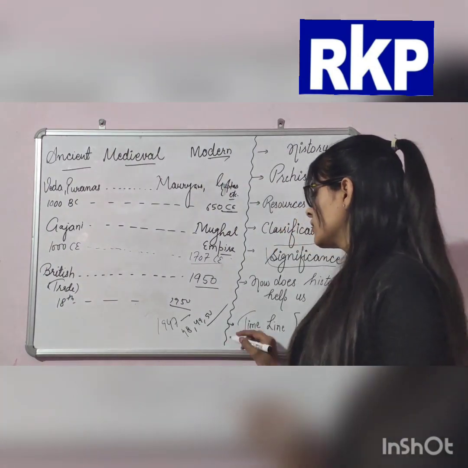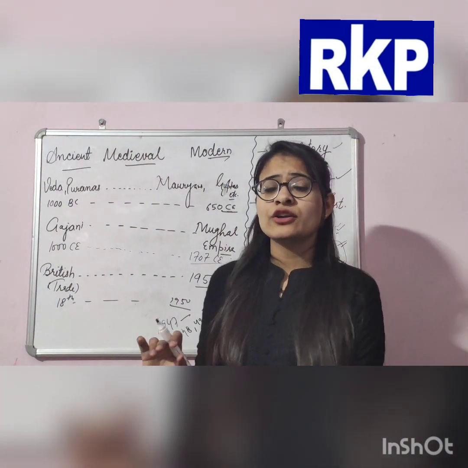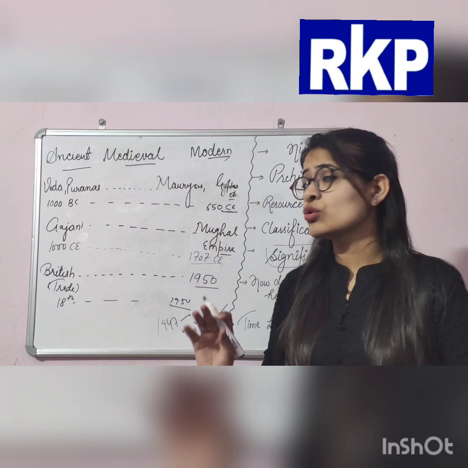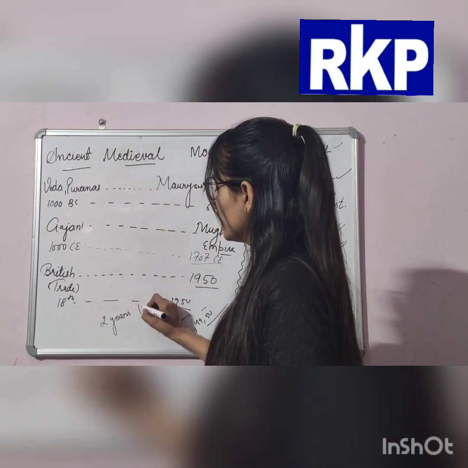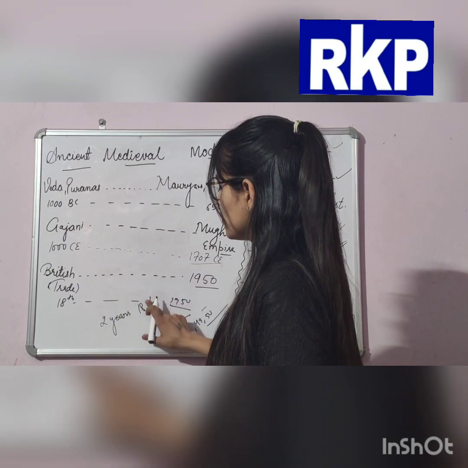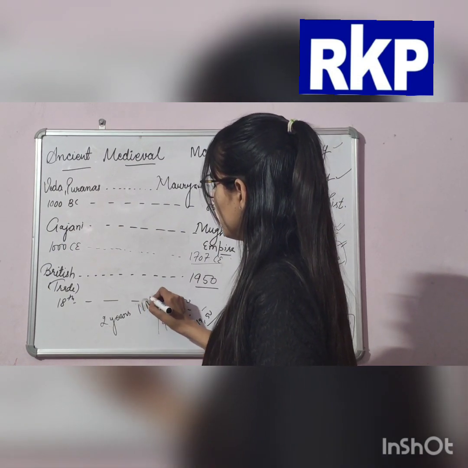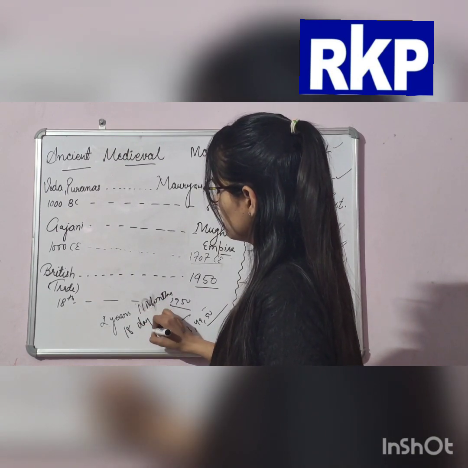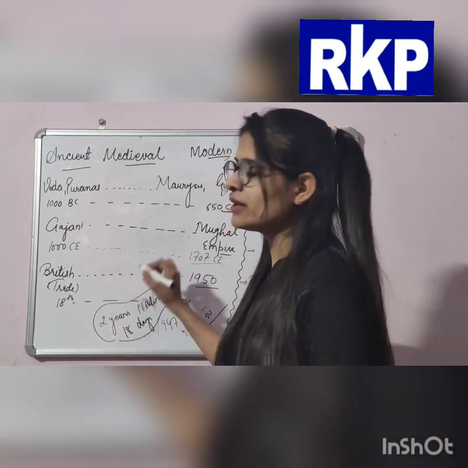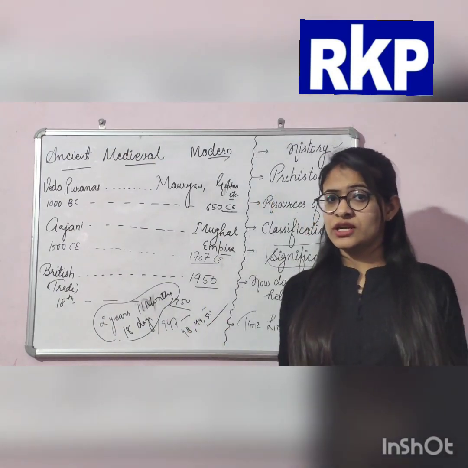Okay, so after 1947, our constitution took 2 years, 11 months and 18 days to get completed. Around 3 years.